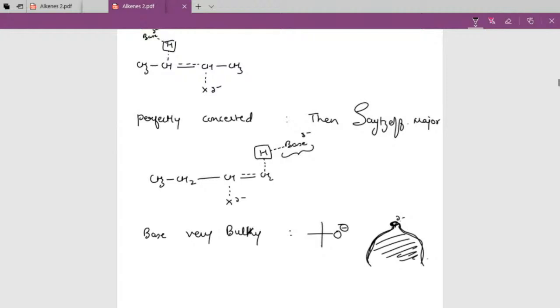So is our tertiary butoxide. So even if it wants to go to this side, these portions will be sterically hindered by other substituents surrounding that edge.